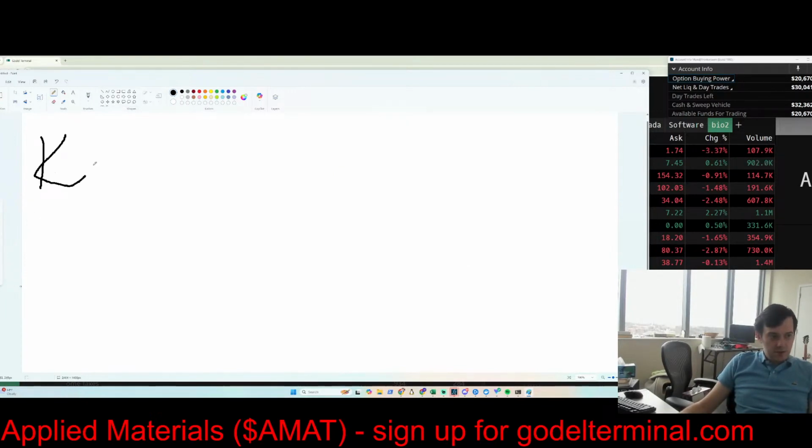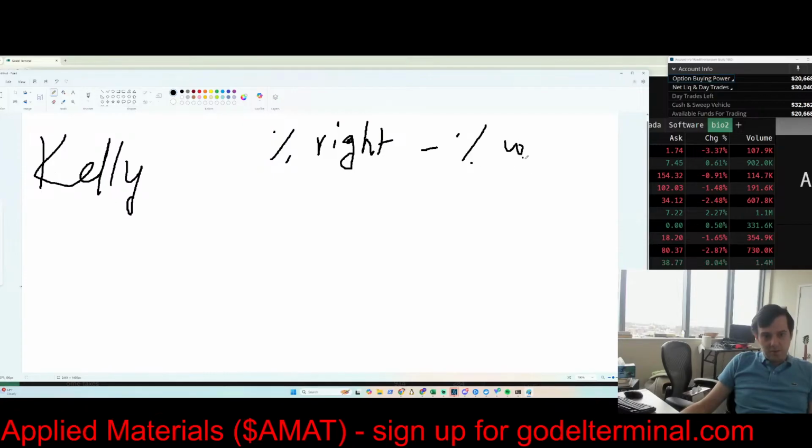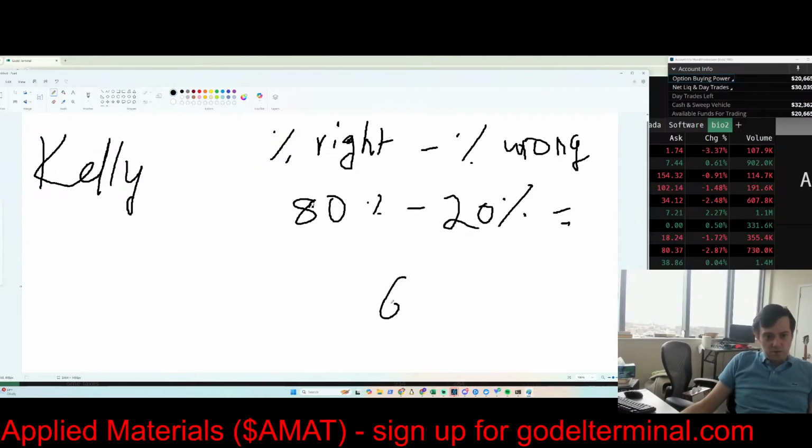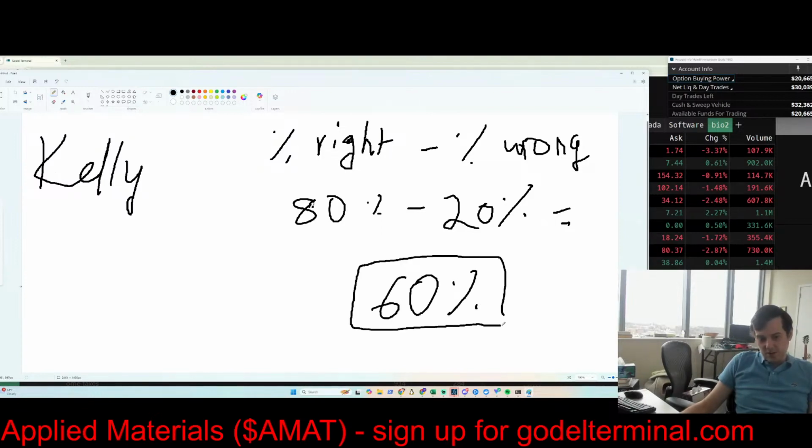We've talked a bit about the Kelly criterion, which is probability of being right, a Bell Labs equation, minus the probability of being wrong. Pretty simple equation. So if you think you're 80% right, this is not return adjusted, by the way, so it's not expected value adjusted. If you have an 80% chance of being right on, say, a binary event, you should have a 60% position.